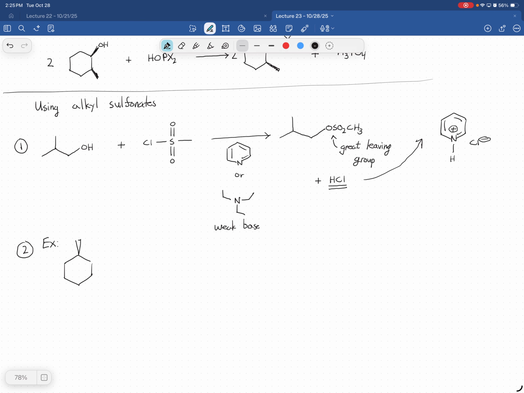So say I have my alcohol here and my methyl group here, 2 stereocenters. I'm going to take my sulfonating agent, SO2Cl. So what I get first is an intermediate structure that looks like this.